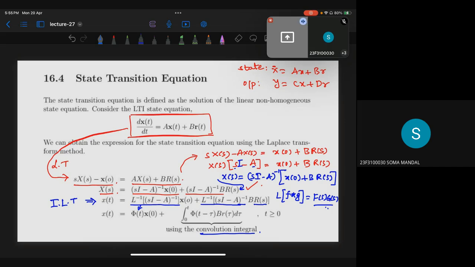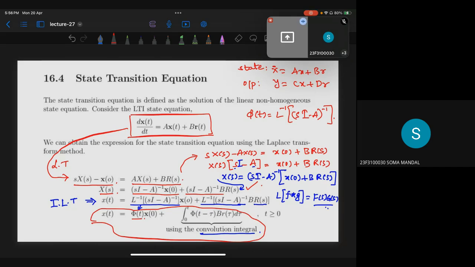So finally, what does this indicate? Can anyone tell me? If you know your A matrix, you can find phi of t, correct? Phi of t is nothing but L inverse of (sI minus A) whole inverse. Am I correct?